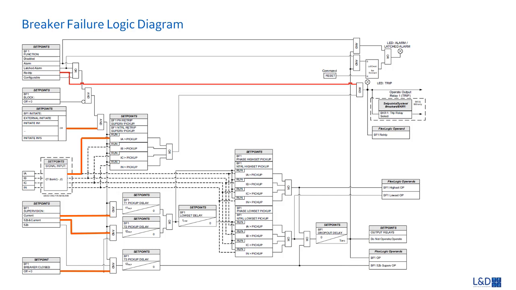And the low set delay is used for the PIR pre-insertion resistor application, and this should be the breaker opening time. So all these conditions will drive to the final breaker fail operand, and this is used to trip the upstream remote breaker.